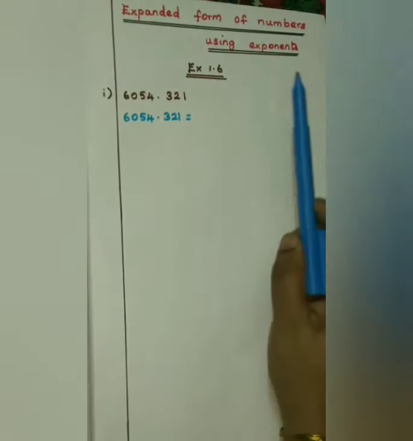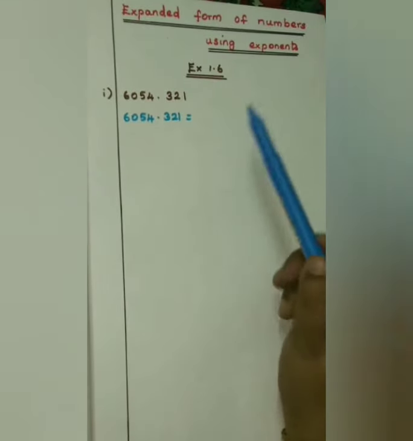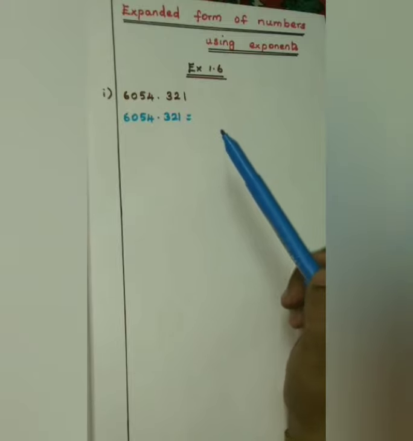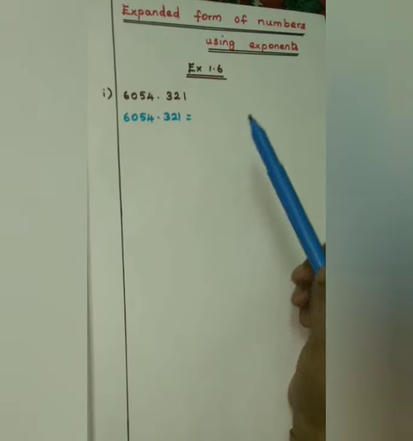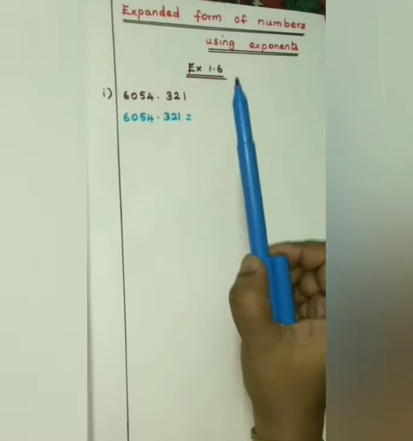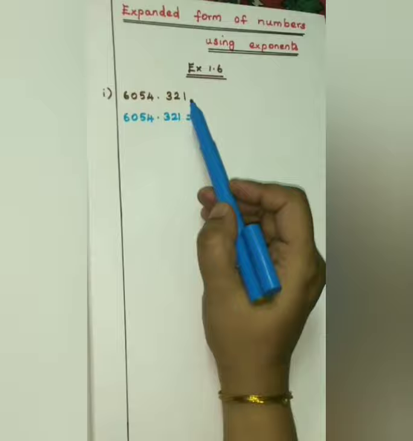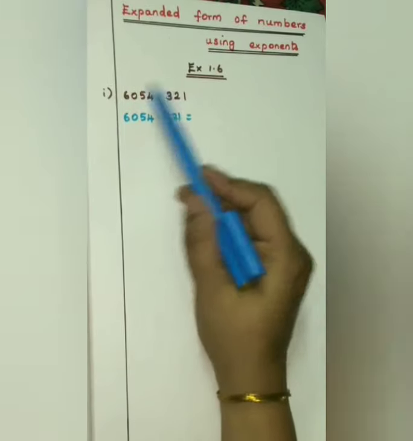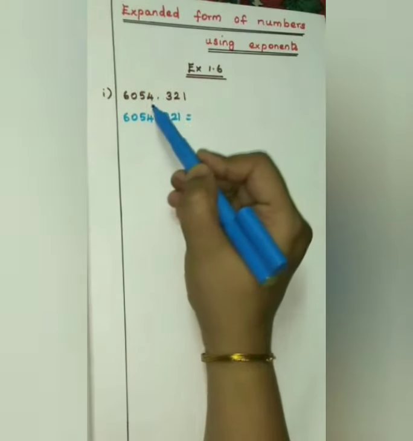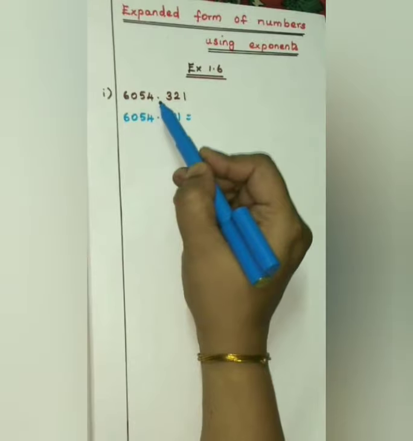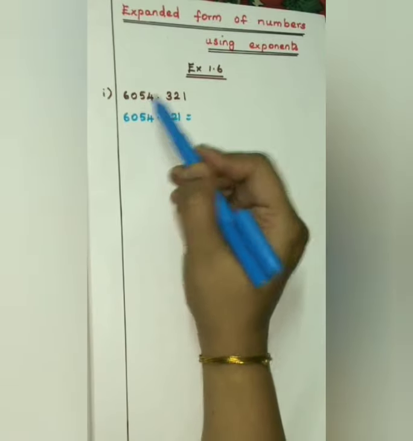Expanded form of numbers using exponents. In the lower classes, we have learnt how to write a whole number in the expanded form. What shall we do if we get decimal places? So let's see how to expand this decimal number. First, you take the number that comes before the decimal point.